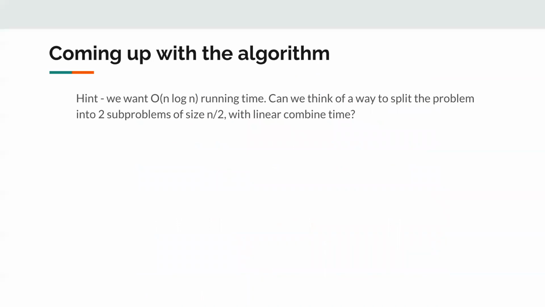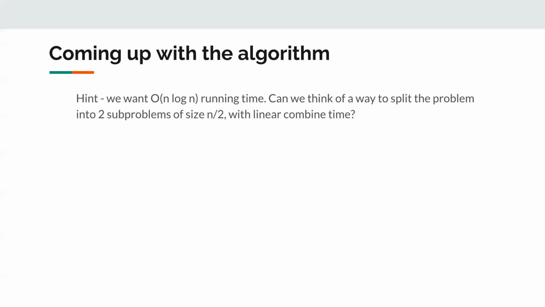Let's try to think of the most intuitive way to split this into 2 subproblems, because we want them to be non-overlapping, right? The answer we want is those two indices, the index to buy and the index to sell in the best case.